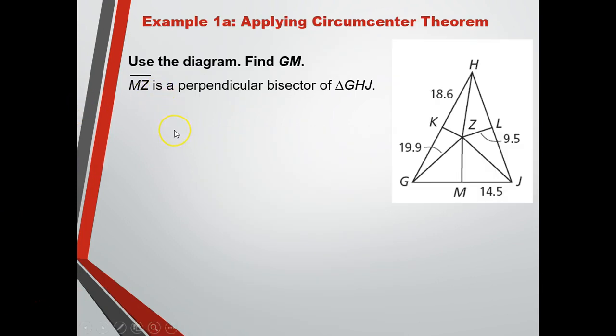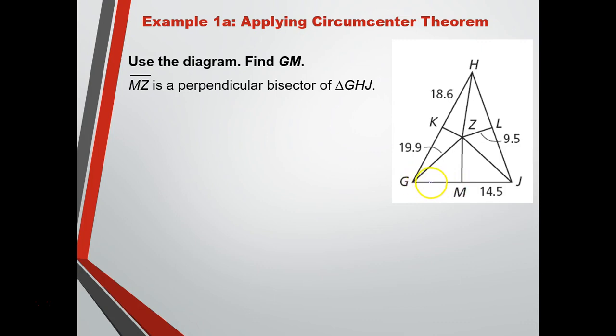All right, so here is an example, and we're going to apply the circumcenter theorem. So here it's asking us to use this diagram that we have over here to the right, and it says find GM, knowing that segment MZ is a perpendicular bisector of triangle GHJ. So GM, let's look for that. GM is right here.